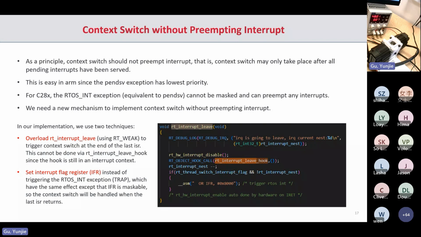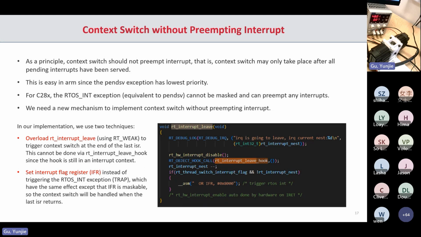For a mainstream device, say ARM, this is very simple because the exception that handles the context switch has the lowest priority. That means even if you trigger it, the exception will not be handled until all the interrupts have been served. This means the thread will never preempt the interrupt.